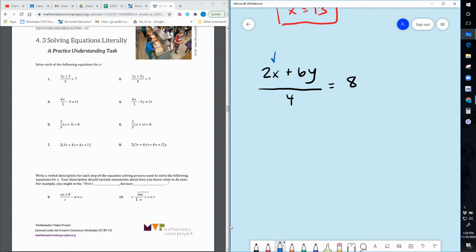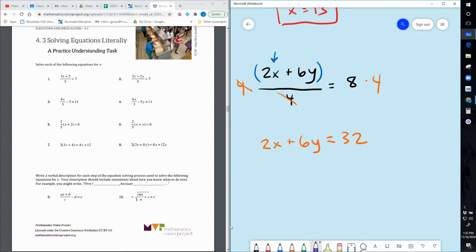So remember, we want to keep the x there, and we also have invisible parentheses here. So let's multiply both sides by 4, just like we did last time. These cancel. I'm left with 2x plus 6y. The parentheses are unnecessary now because it's not over a big division sign anymore, so the invisible parentheses go away.